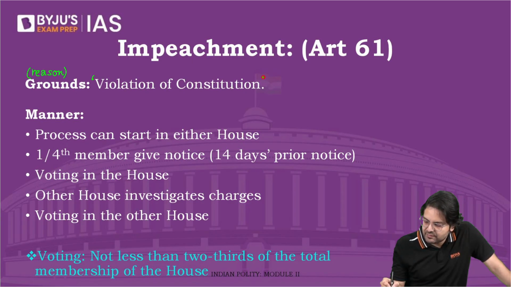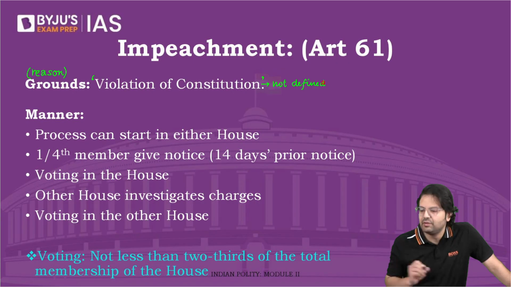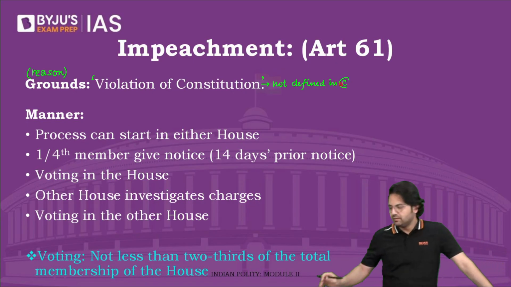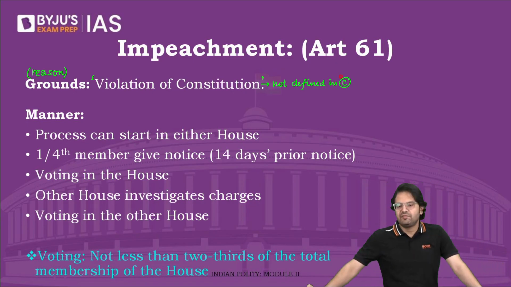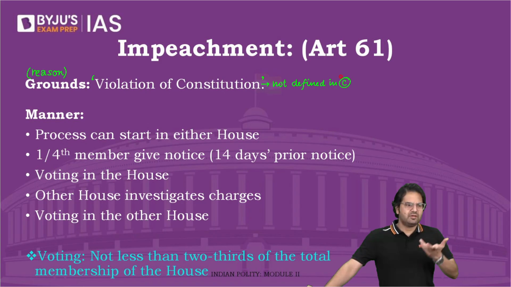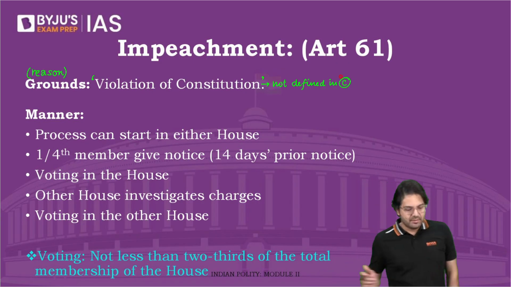This phrase is not defined in the constitution. Nowhere is this defined that what is the meaning of violation of the constitution, right? So MPs will have to decide what is violation, right? I'll give you in future some examples that can possibly be seen as a violation, but as of now there is no fixed definition.